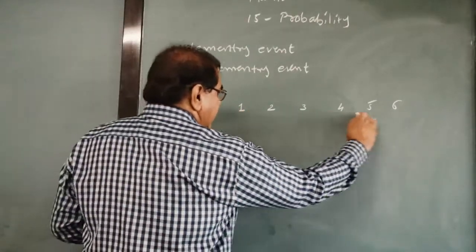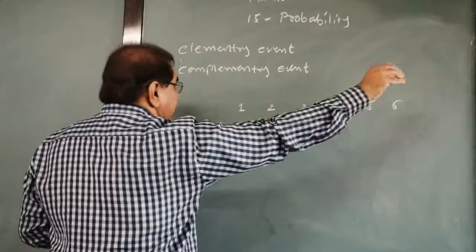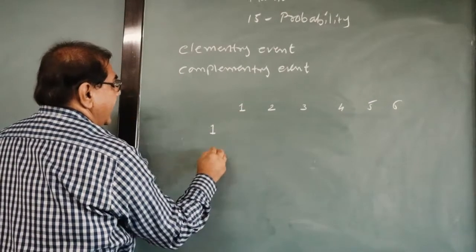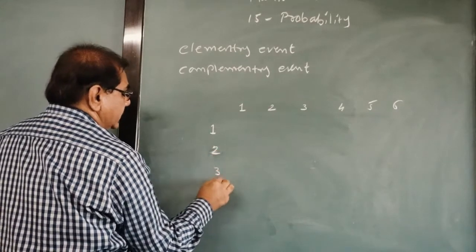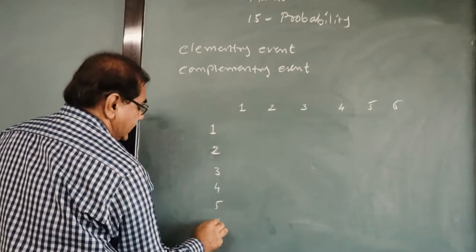These are the numbers of one die. I write them horizontally. The second time I write them all vertically: 1, 2, 3, 4, 5 and 6.